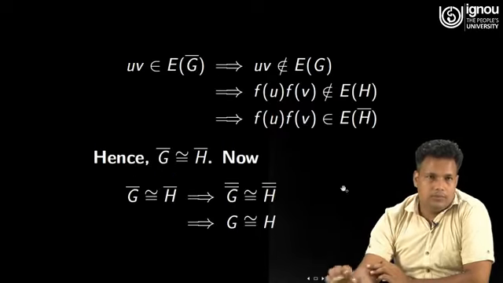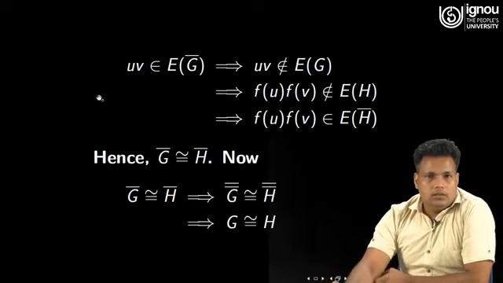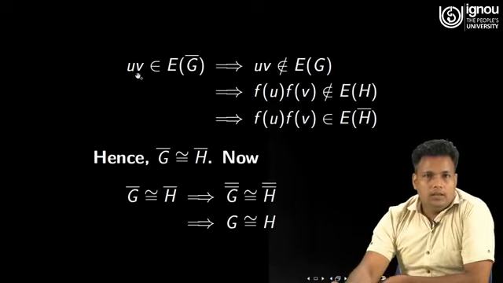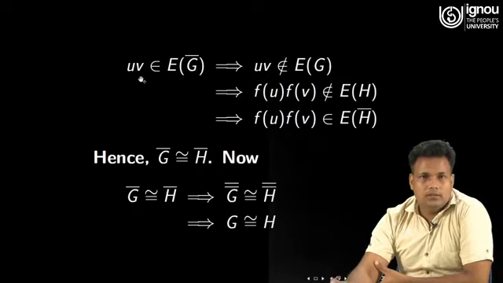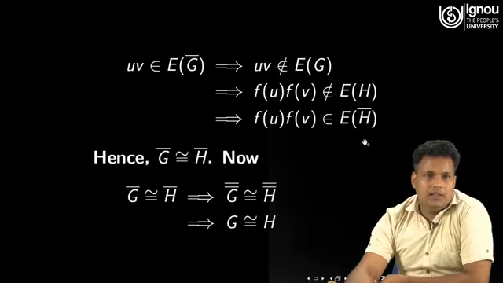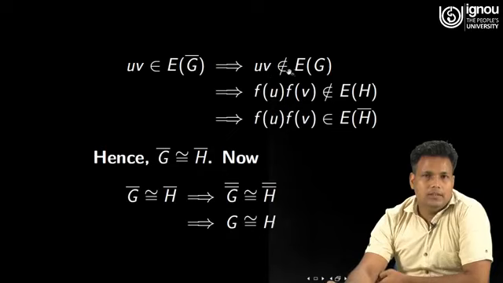So we just pick any edge uv in G bar and show that the image of this edge under F is an edge in H bar. So uv is an edge in G bar means that uv is not an edge in G, right?